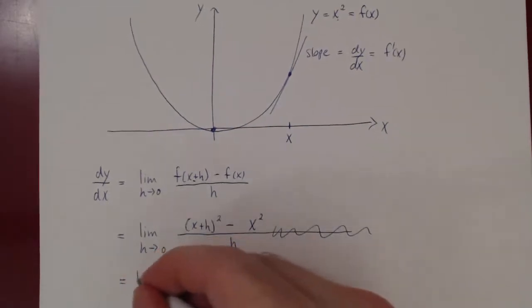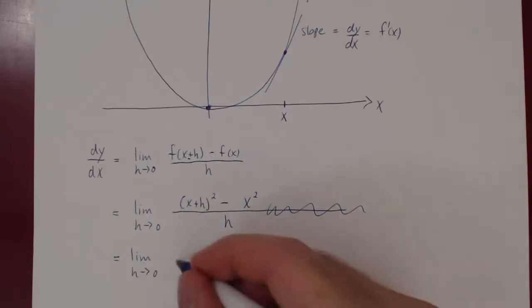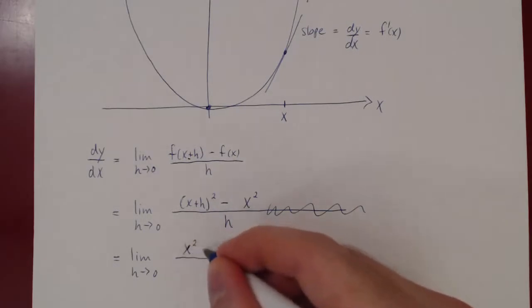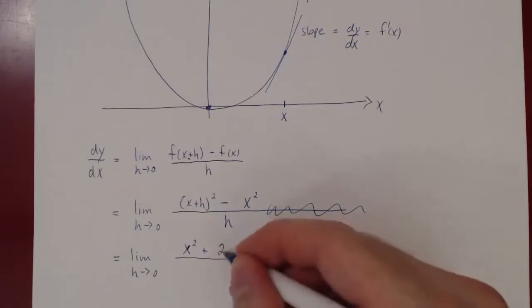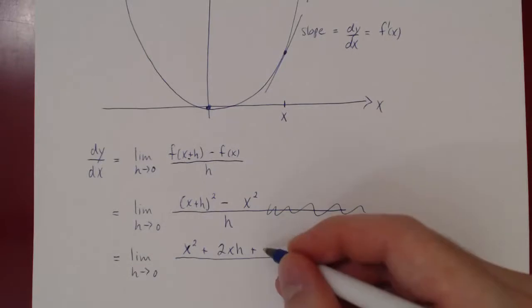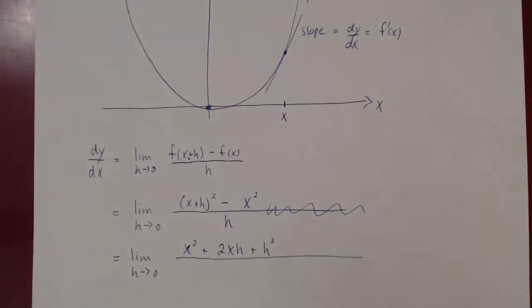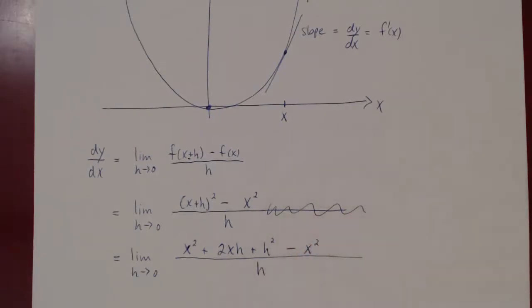So, well, let's square this. Let's expand and see what we get. So if you square x plus h, you'll have x times x, x squared, plus x times h, plus h times x. This will give you plus 2xh, plus h times h, h squared, minus the leftover x squared, and we divide by h.